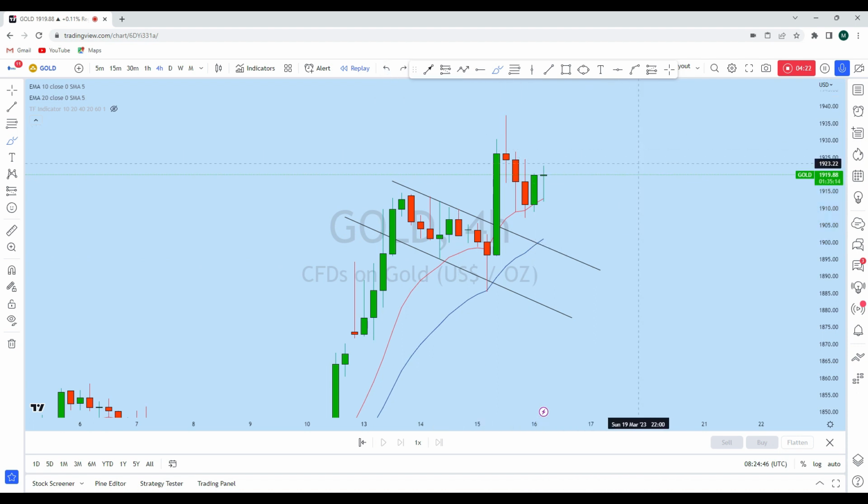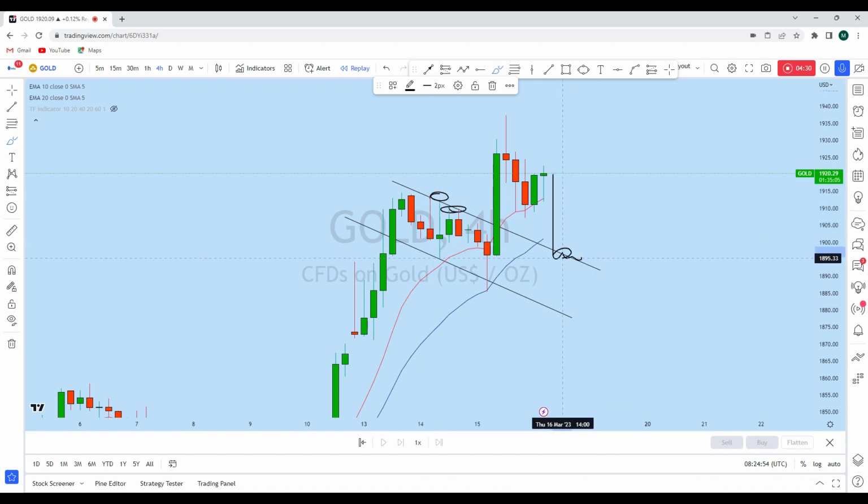What I think is that at some point later today we could see gold coming back down to test this previous resistance as a support, and along with the 4 hour 20 EMA we could see further movement from this zone.